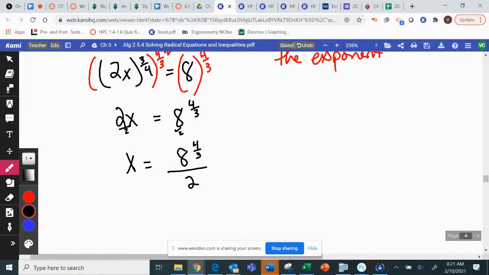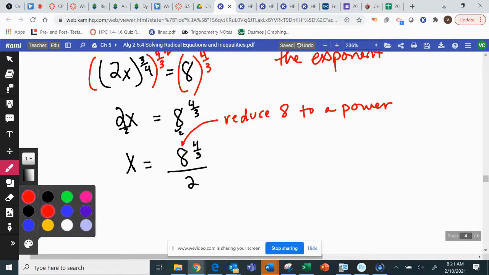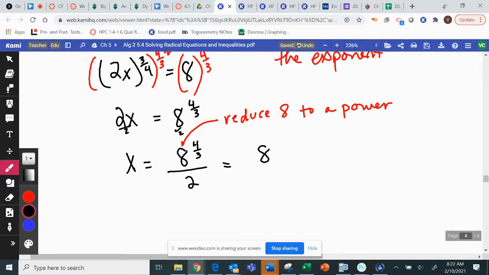Okay, so we were doing this before. If I have 8 to the 4/3, what I want to do is reduce 8 to a power. Does anybody remember 8 is something to a something power? It's 2 to the 3rd. So I'm going to have 2 to the 3rd, and then that is to the 4/3 still.